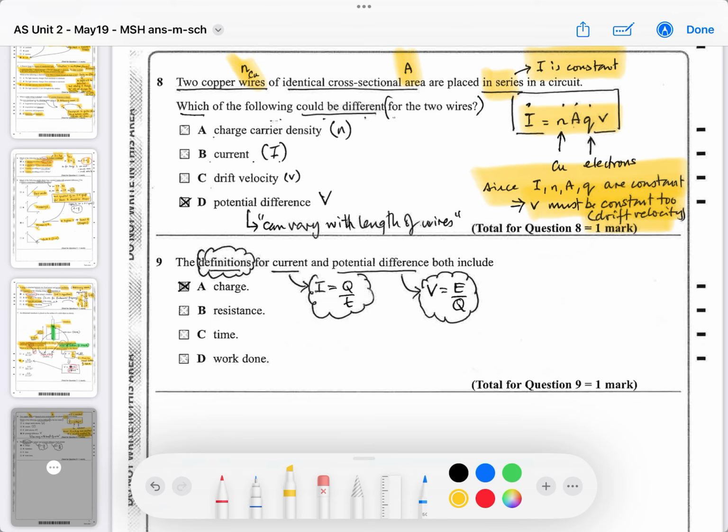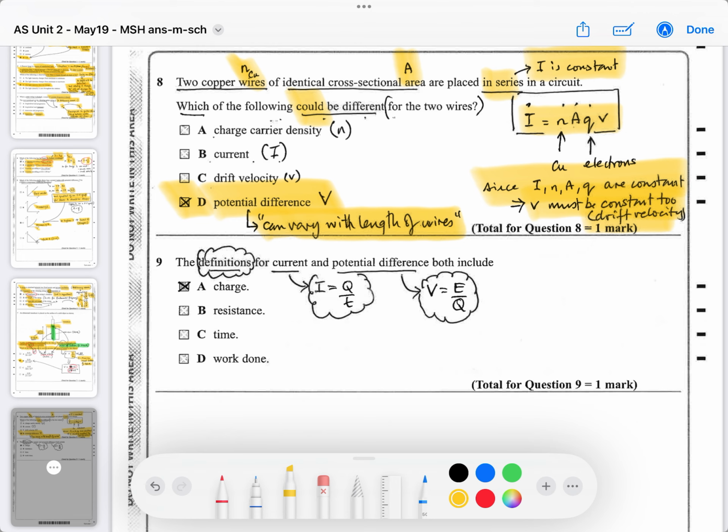So it can't be A, B, or C. So it has to be D because the voltage can vary with the length of the wires. And they haven't told us anything about the length. So the only thing that could vary, remember the answer is could, if the lengths are different, then the voltage across them would be different too. Okay.